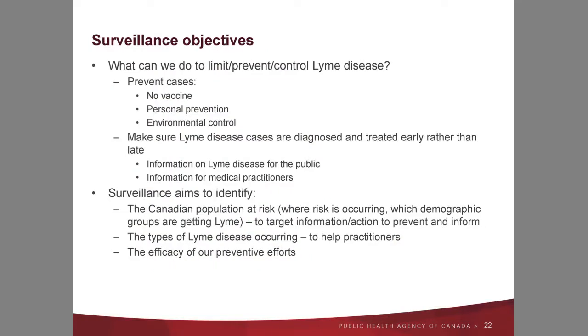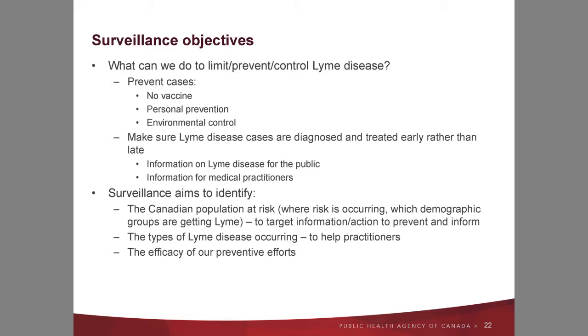What can we do? Well, we have no vaccine, and all we can do is provide information to the public about personal protection and environmental control to reduce cases, and also try to make sure that any cases that occur are treated early by providing information to clinicians and to the public about what Lyme disease is and that it's coming to your neighborhood soon.